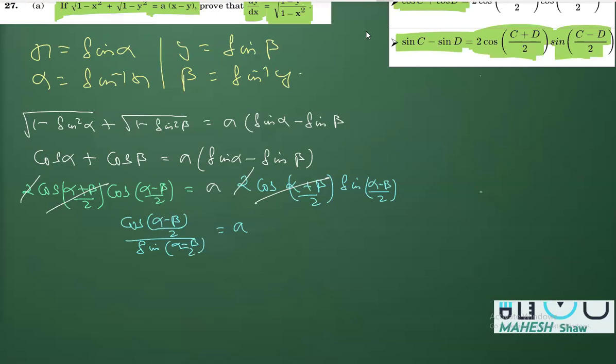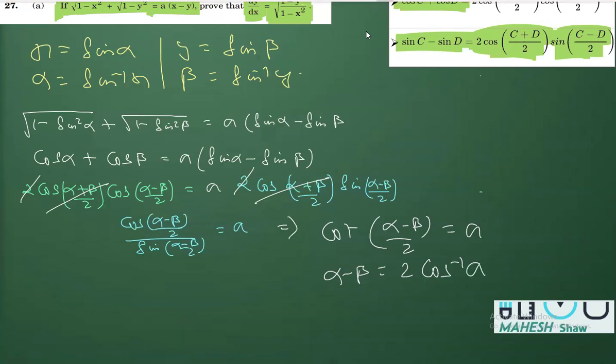Cos over sine is what? Cot. So this is cot of alpha minus beta over 2 is equal to a. That means we can write alpha minus beta as 2 times cot inverse a.